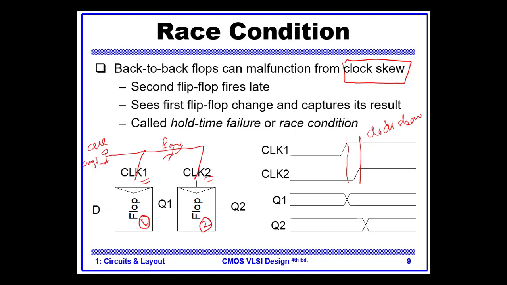So this distance is large for very fast signals. At the nanoscale, a slight difference in the clocks is dangerous. So what is the requirement? The requirement is that both these flip-flops should get the clock positive edge at exactly the same time.